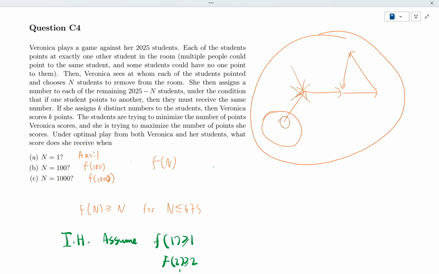So now this dead end is its own group, and the rest is at least one group. Here it's two groups, but still it's at least one group. So by using only one removal, Veronica has scored herself one more point.